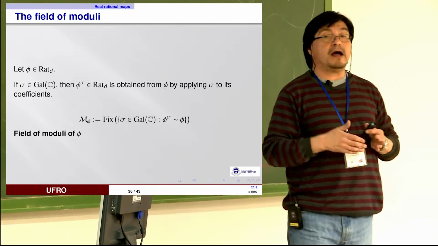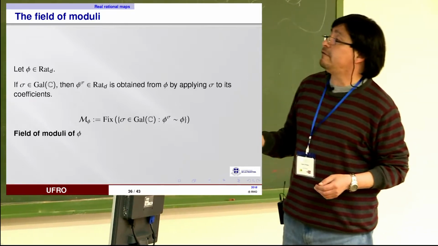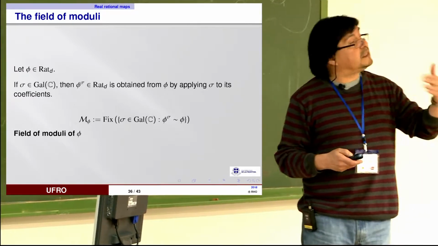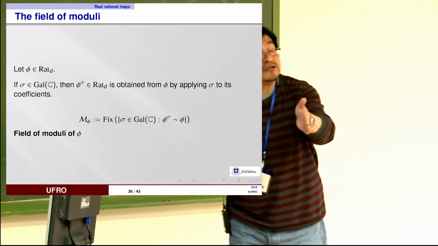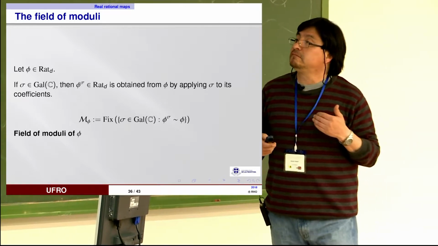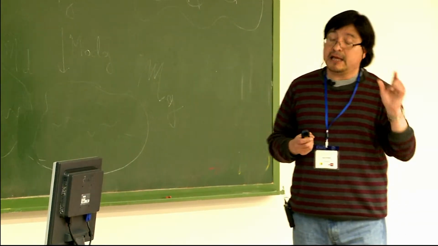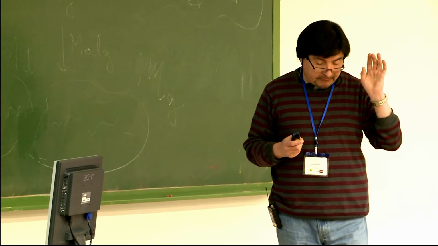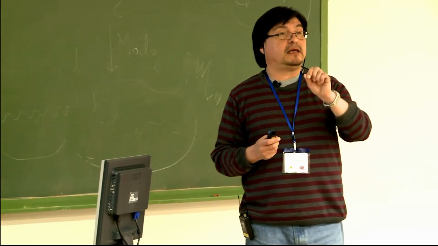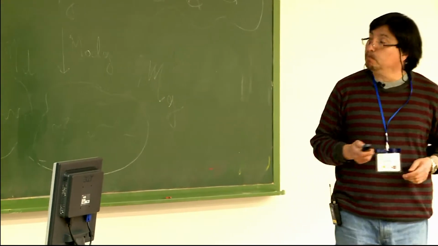We can do the same at the level of rational maps, since rational maps are just defined by polynomials. So each time that we have a rational map and an element sigma in the Galois group, we apply sigma to the coefficients of the rational map. We get a new rational map with the same degree, but it may happen that the complex structure, the dynamics of the new rational map, could be different.